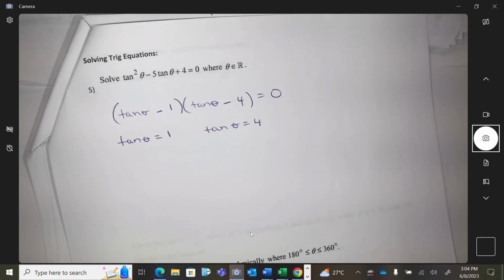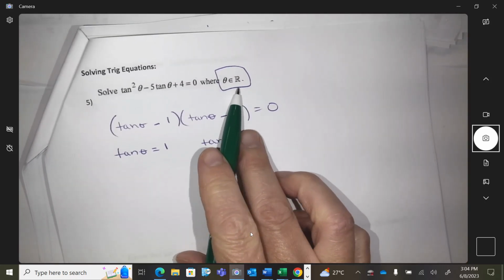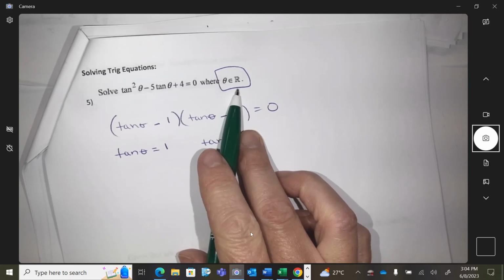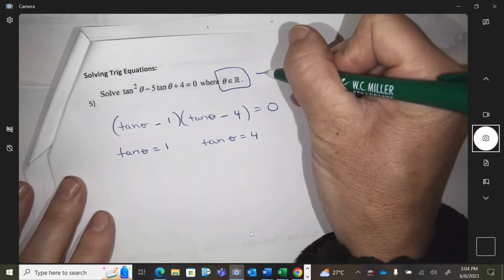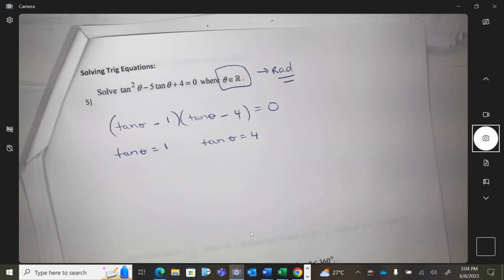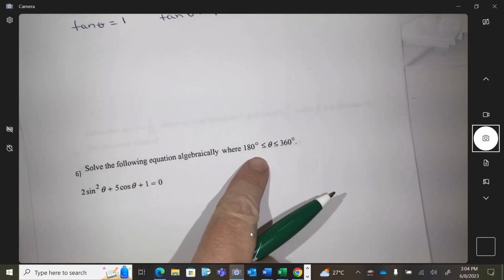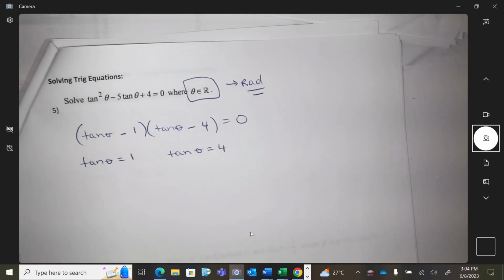You have not figured out any angles. So algebra gets you the trig values. Okay? Do not stop, because you would get 1 out of 5 points. So don't do that. Okay, I'm going to figure out the angle, and it says for all angles. We are going to do this in radians, because radians is what I would do unless it specifies otherwise, like here, that's specifying out of radians.